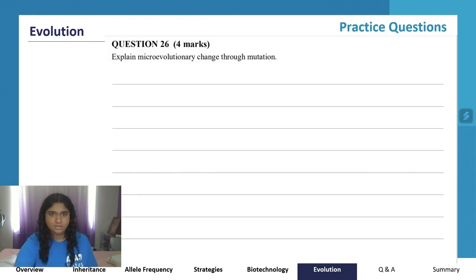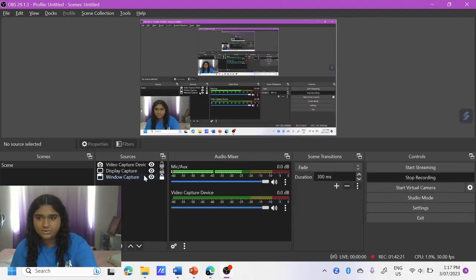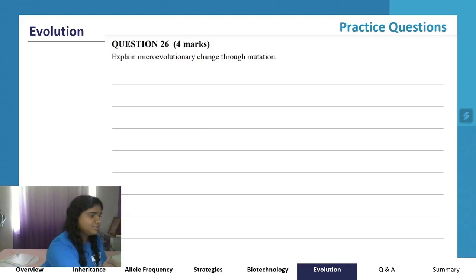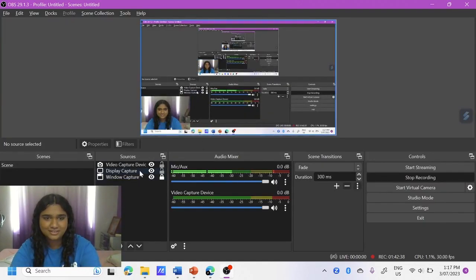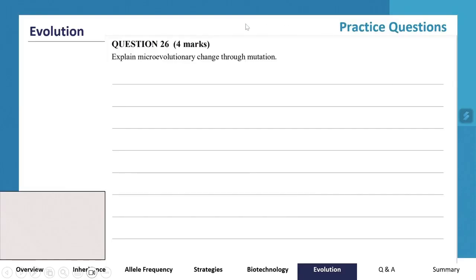So I have some practice questions for you now. How are we going for time? Okay, I've got about 15 minutes left, which is good. I want to see if you guys can answer this question. I'll obviously go through the answer at the end of the lesson, but because there are 4 marks on this question, this is a paper 1 question from one of the externals.